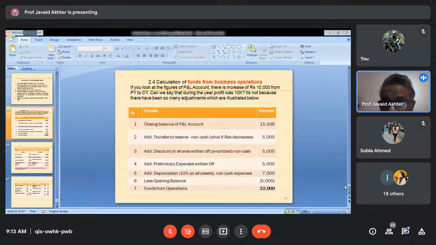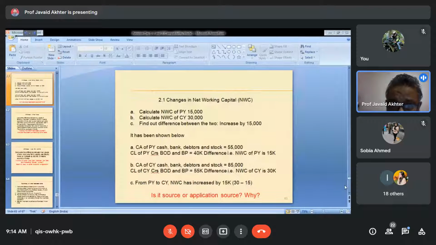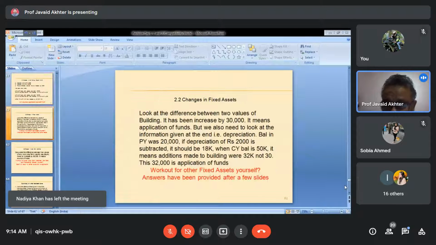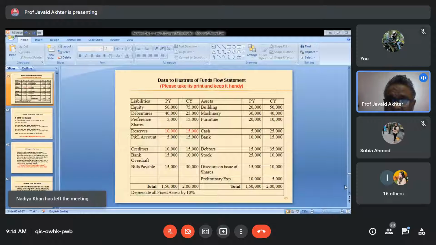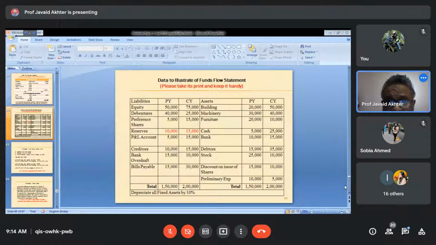So taking these examples, one more illustration has been provided. You may go, maybe not now, later, and try to calculate this. This is the problem sheet, data related to the problem, and at the end, what the complete solution is.